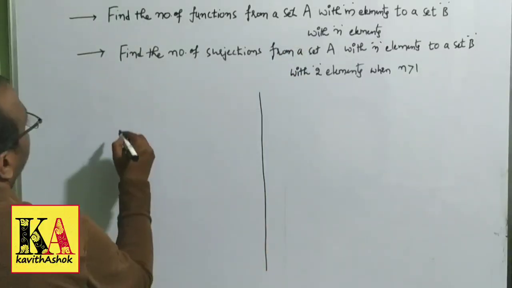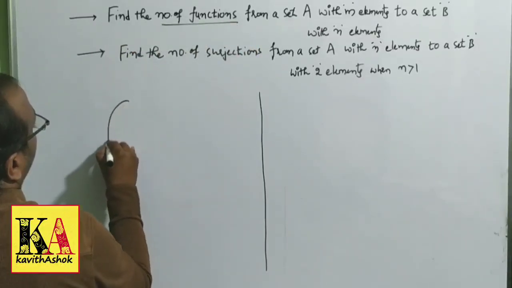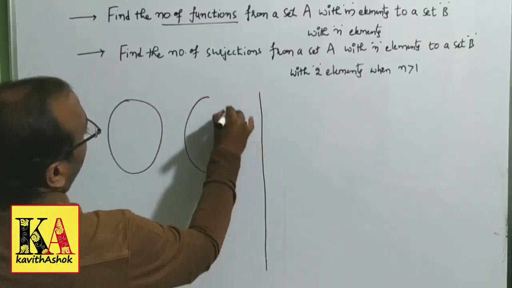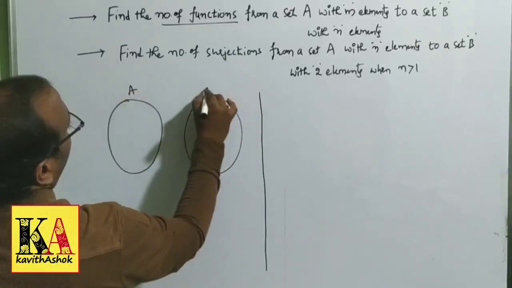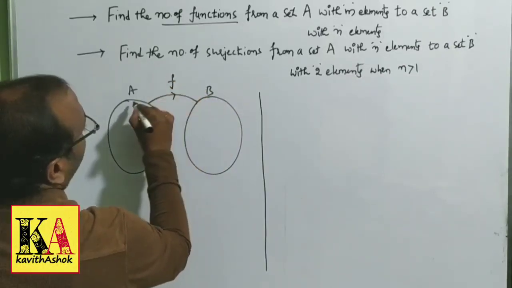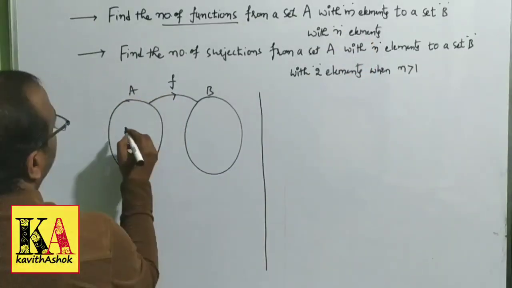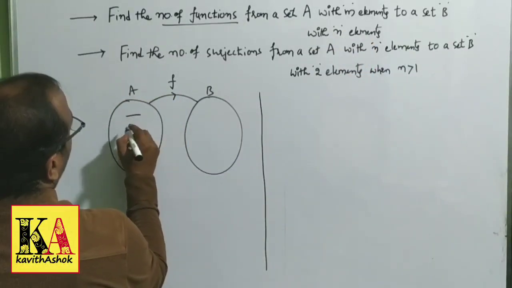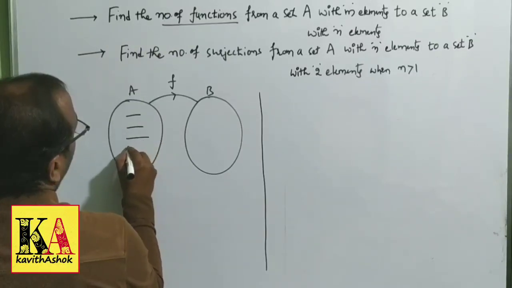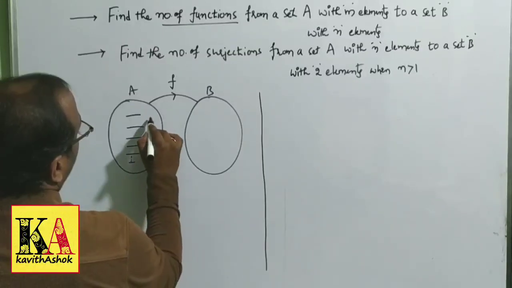First, 2 sets are there. We want the number of functions. F is a function defined from A to B. A contains m elements. How many elements are there here?